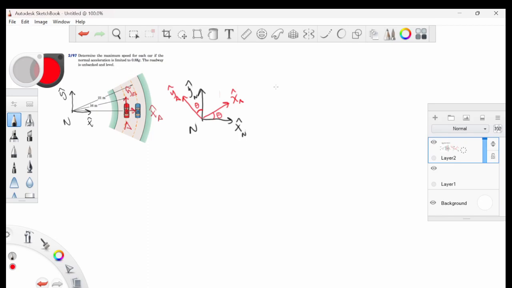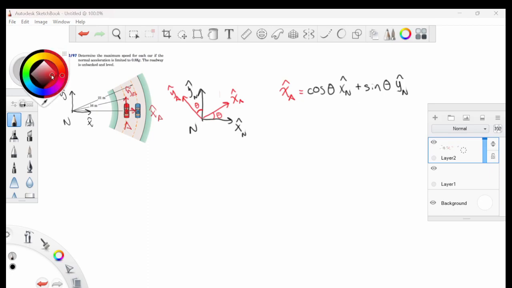We derived expressions for XA with respect to components in XN and YN, and similar for YA.